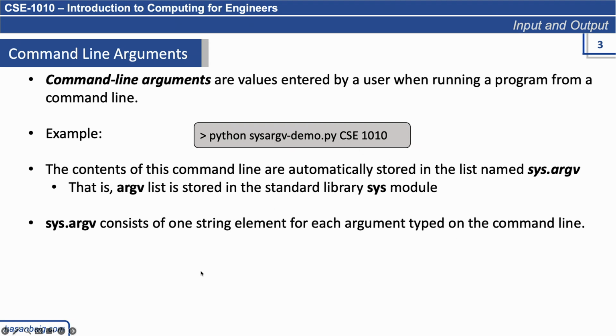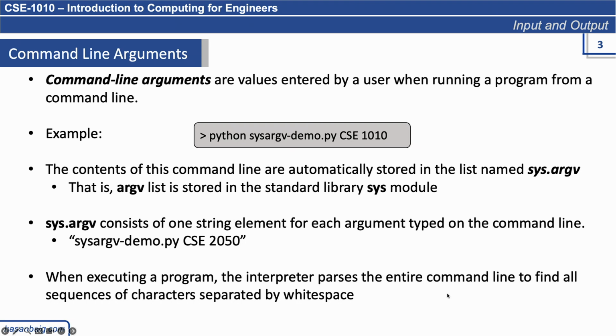For example here, when we pass python sys_argv-demo.py CSE 1010, this is considered as an entire string, and when we execute, this string is parsed into the elements in it, separated by white space, and all the elements are arranged as the elements in the list.